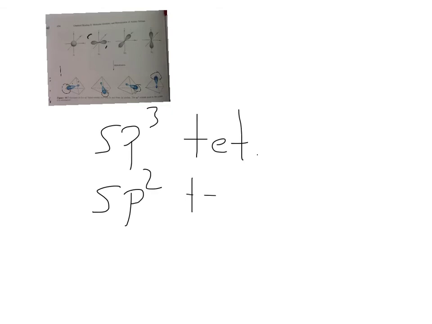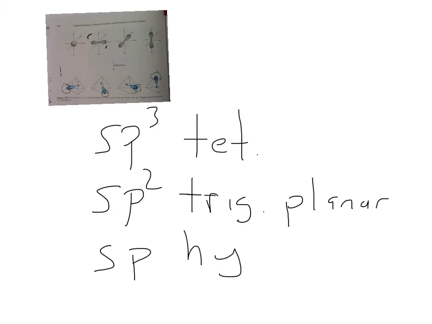So we saw that sp3 hybridization was responsible for tetrahedral geometries or tetrahedral electron arrangement. sp2 hybridization is responsible for trigonal planar electron arrangements, and sp hybridization is responsible in most part for linear types of electron arrangements.